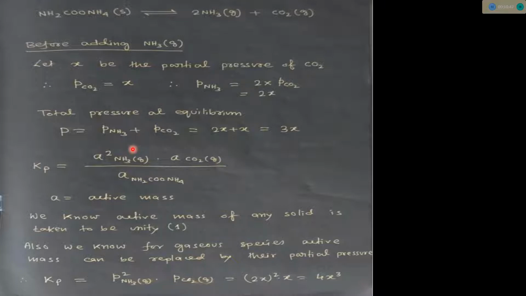So before adding NH3 gas, the total pressure at equilibrium is the summation of the partial pressures of ammonia and carbon dioxide, which becomes 3x, where x is the partial pressure of CO2. This is the total pressure before adding ammonia gas from outside, and the Kp value is 4x cubed, where x is the partial pressure of CO2.